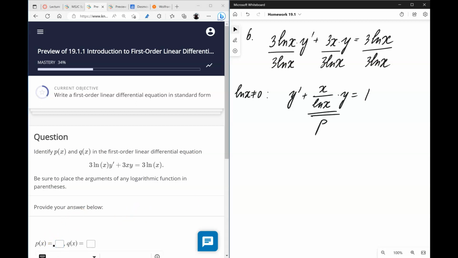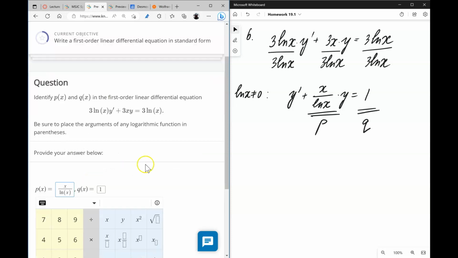This is what we call P, this is what we call Q. So Q is 1, P is x over ln of x.